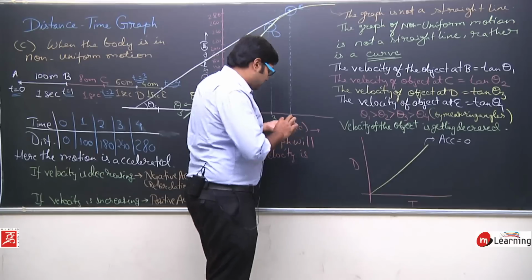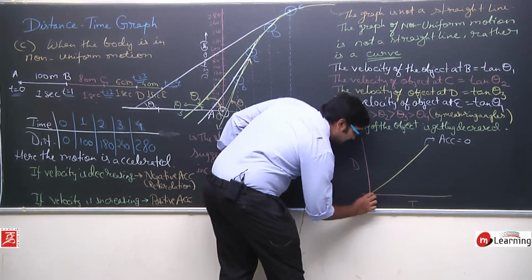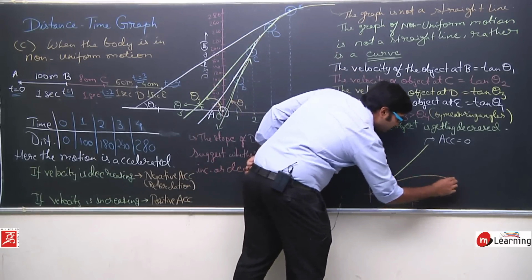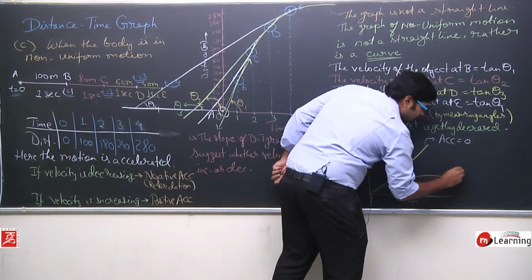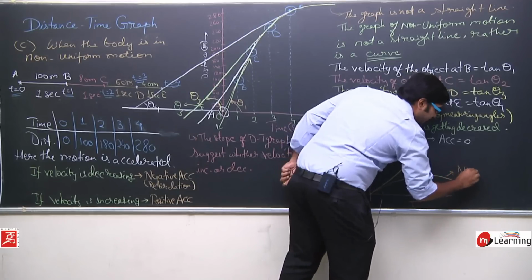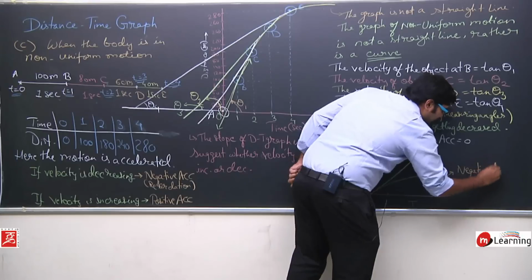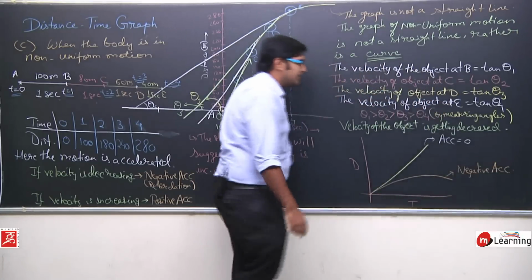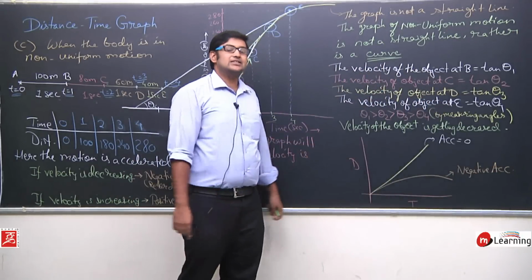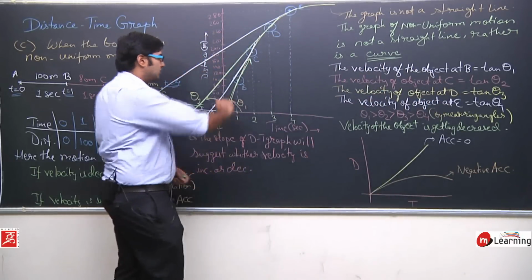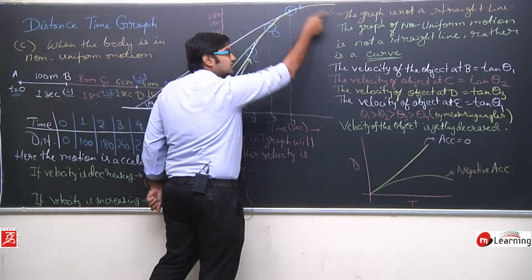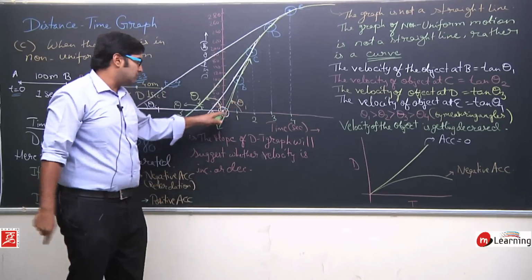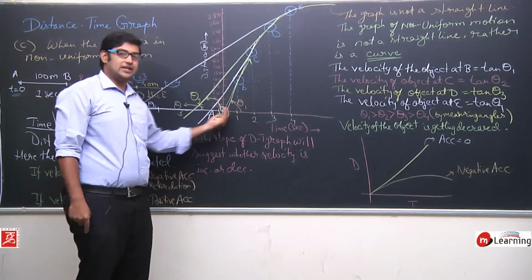Okay, now you will get a curve like this if there is negative acceleration. You can see the curve, it is like this. In this curve we observed how the speed is getting decreased.